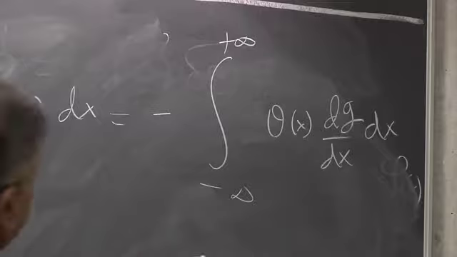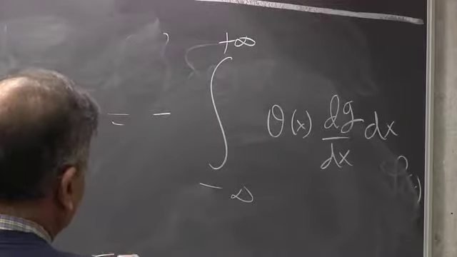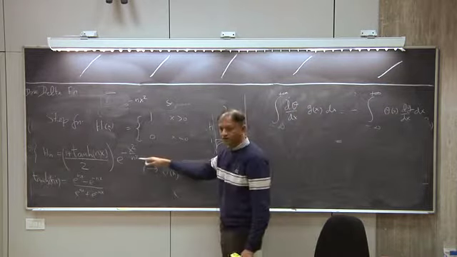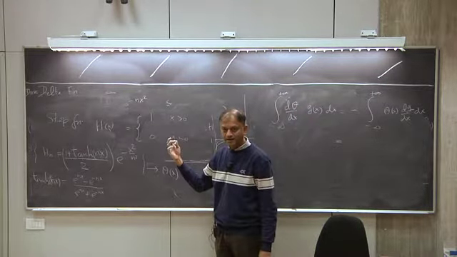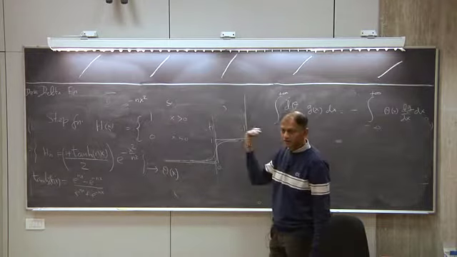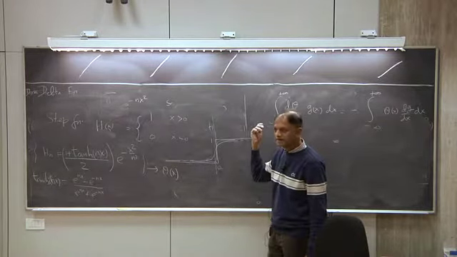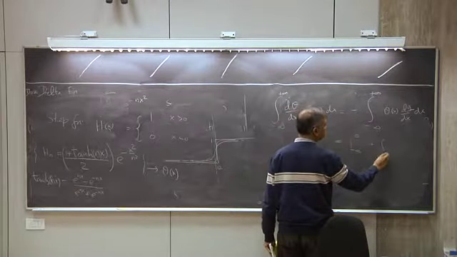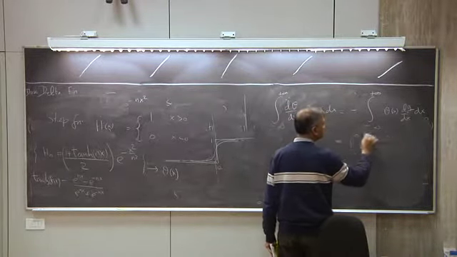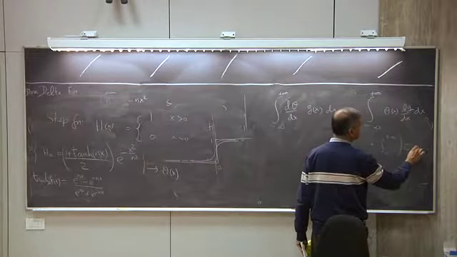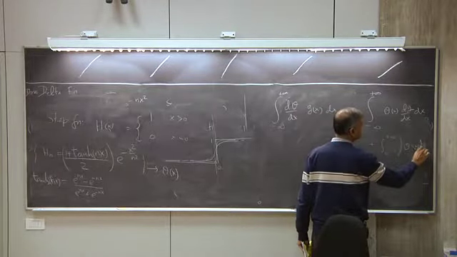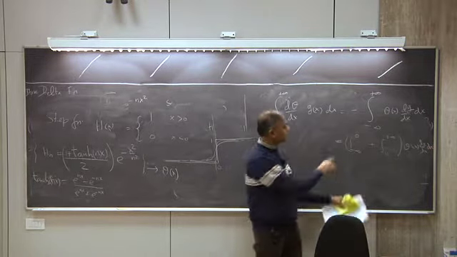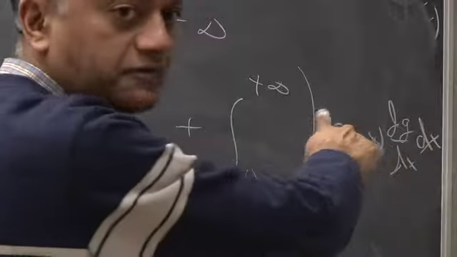Okay, let us now explicitly integrate this thing. Well, we know that the local value of theta of x for any negative value of x is 0, right? And the local value of theta for any positive value of x is 1, right? So if I write this integral as minus infinity to 0 plus 0 to infinity, then the first vanishes, because the local value for any negative x, theta of x is 0.